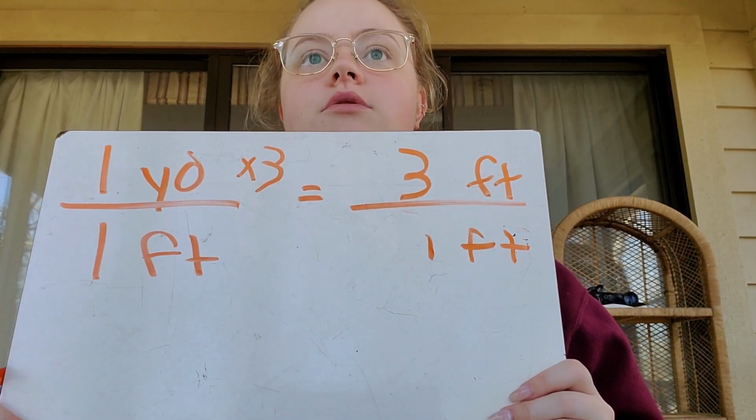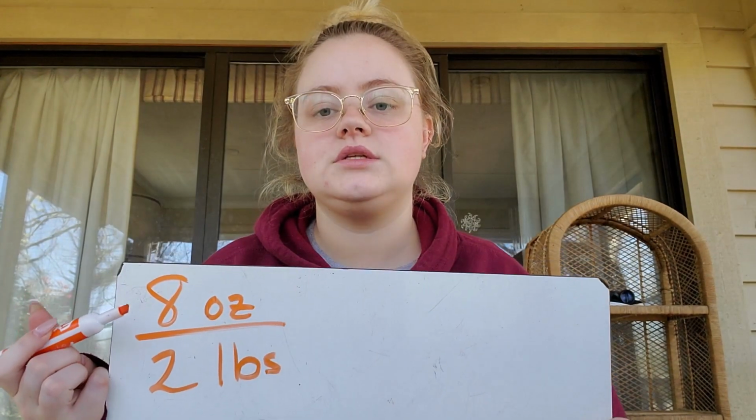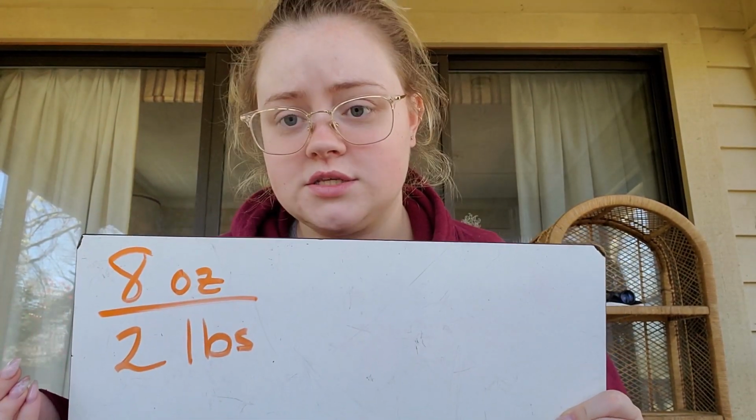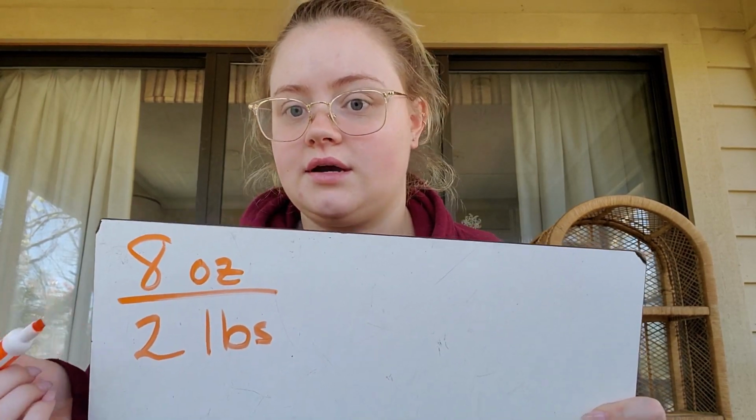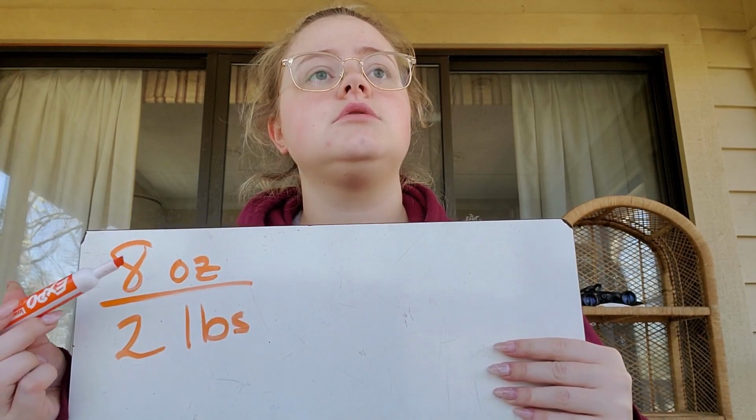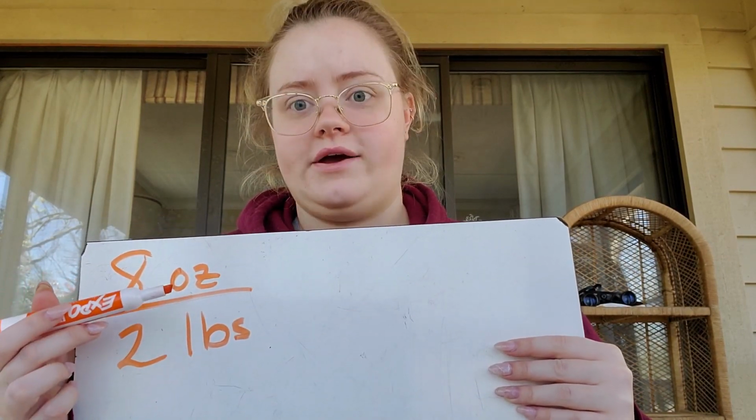The next example we are going to take a look at is comparing 8 ounces to 2 pounds. I need to figure out how I solve that. I first ask myself, forever and always, which one is the smaller one, and we should always be saying ounces. Yes, perfect, ounces.